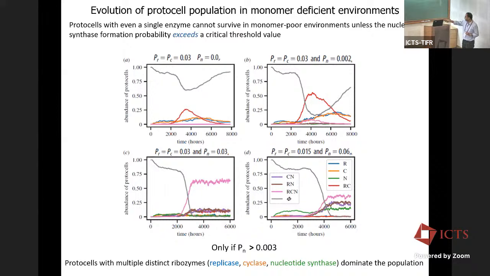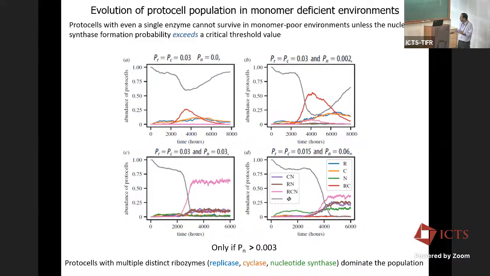There is a threshold value beyond which you don't have protocells containing all 3 types of ribozymes in monomer deficient environments. So unless nucleotide synthase is there to synthesize more nucleotides, the whole process breaks down, and we are back to protocells which are not very useful.